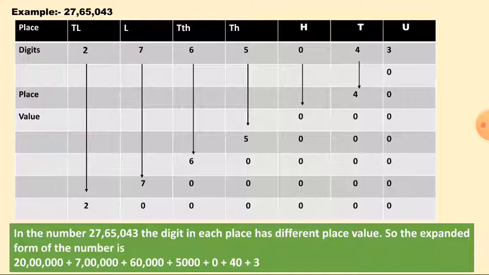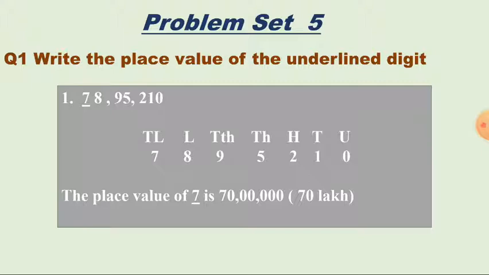Now moving ahead, students, take a new page and write problem set 5 on the margin. Copy the first question: write the place value of the underlined digit. Now leave one line and copy the first sum, which is 78,95,210.